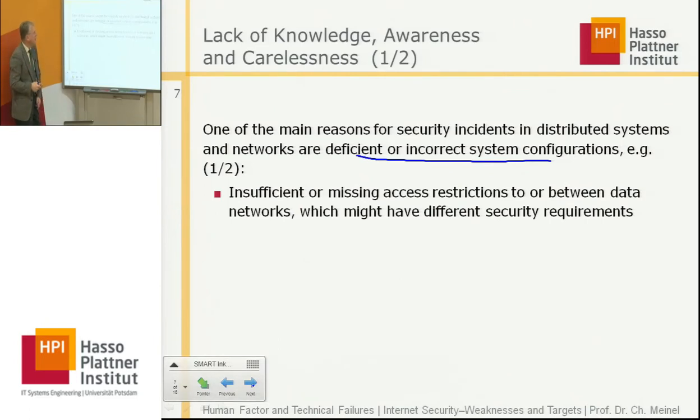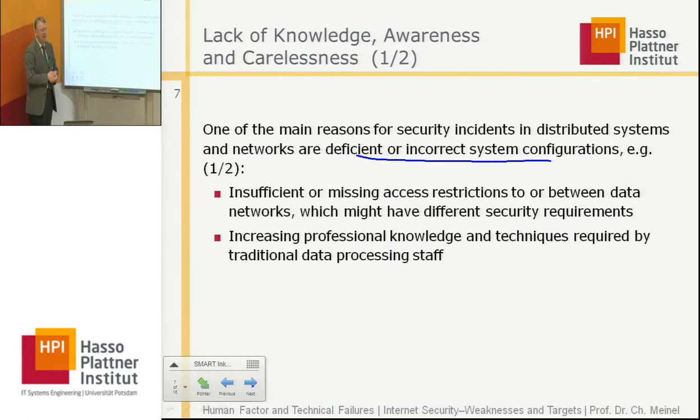I will mention a few examples. Insufficient or missing access restrictions to or between data networks, which may have different security requirements, is such a problem in misconfiguring a system. There is increasing professional knowledge and technique needed compared to traditional data processing.